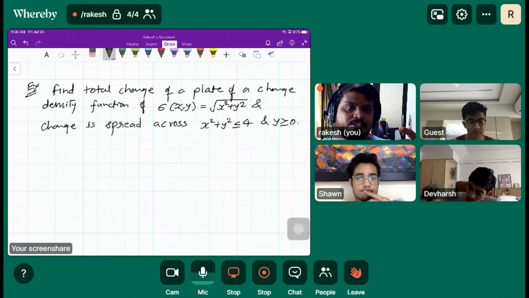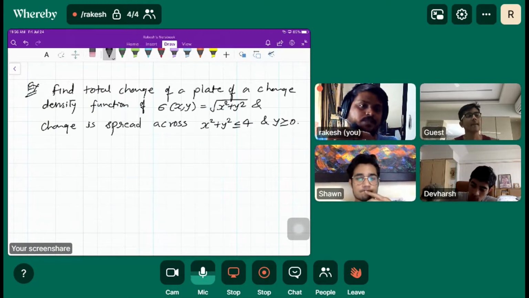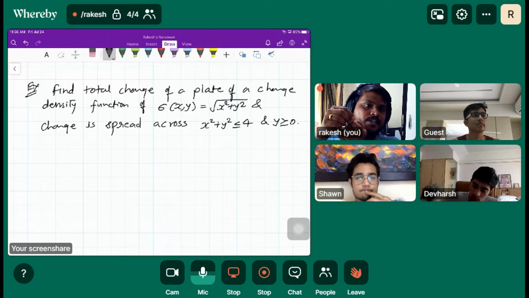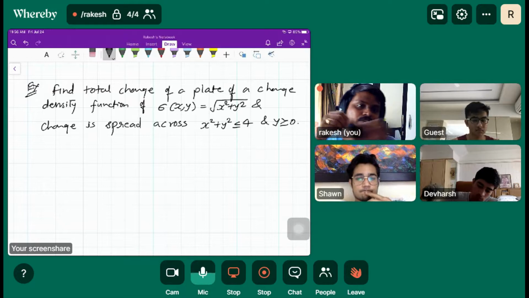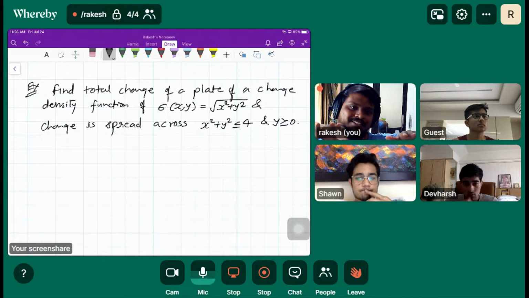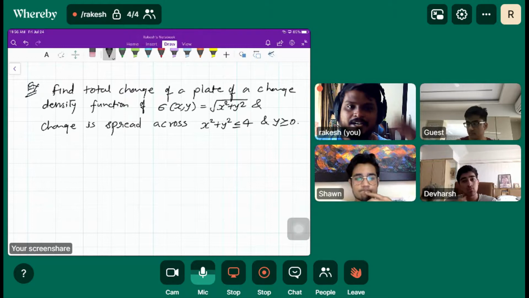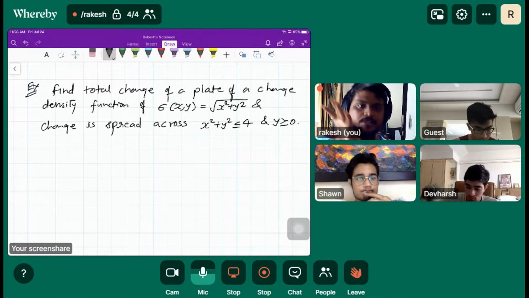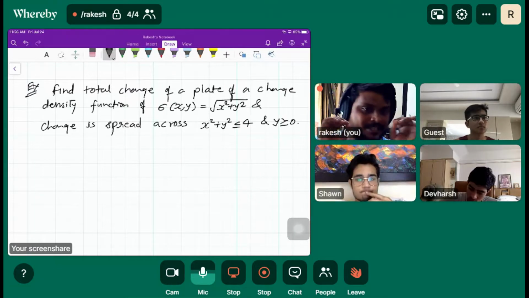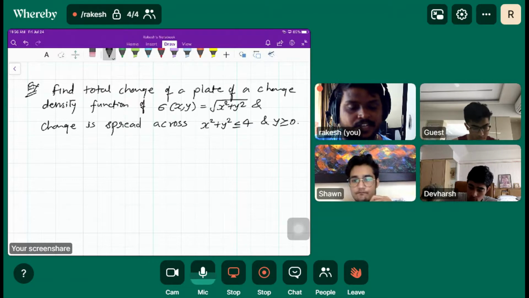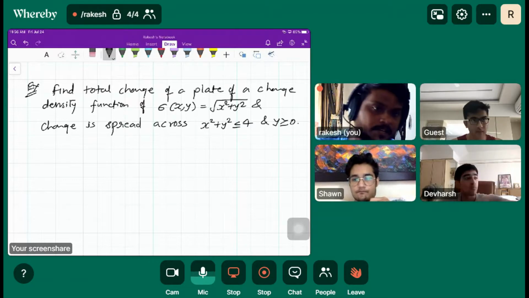It is not like we experience current at one point on the metal but not near it. It's a continuous phenomenon, right? Therefore we need to apply integration. The summation will change to double integration. The whole concept remains the same, but it will give you the total charge if you apply double integration.